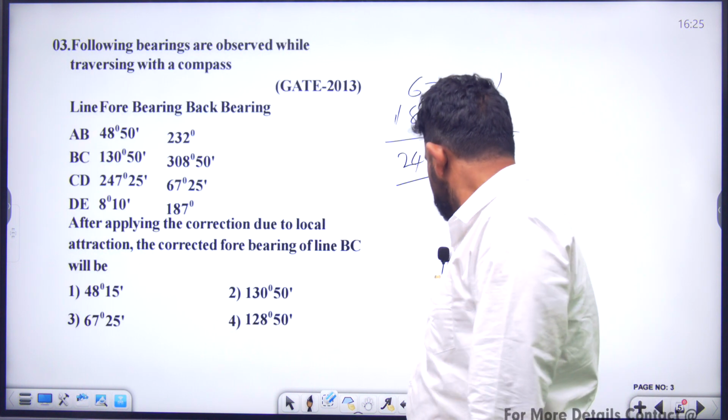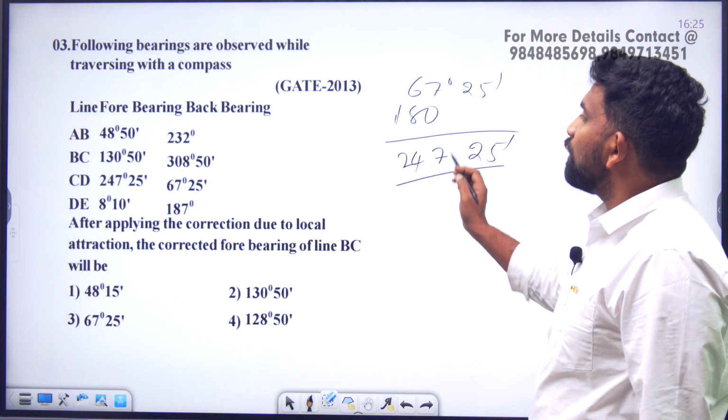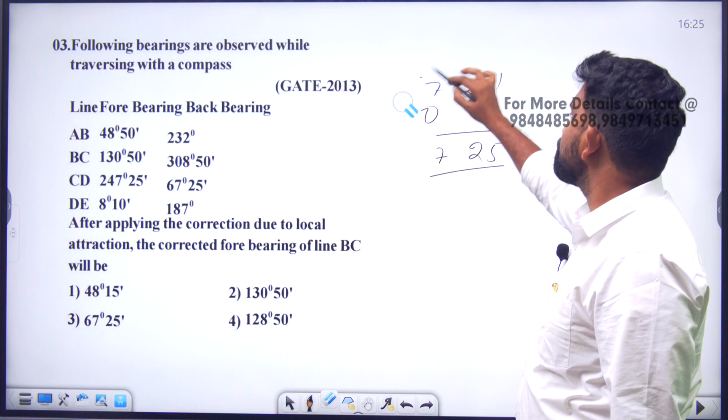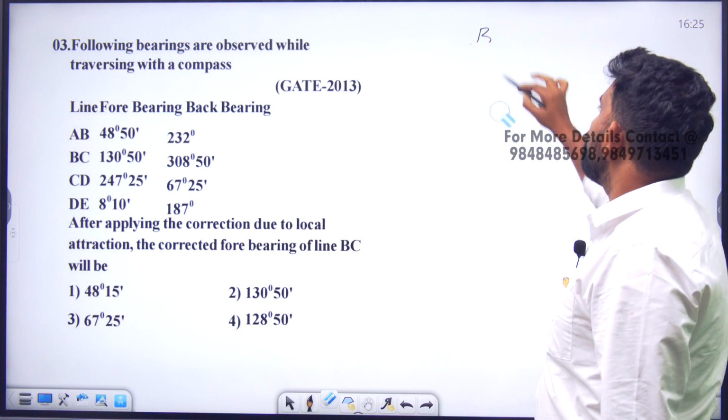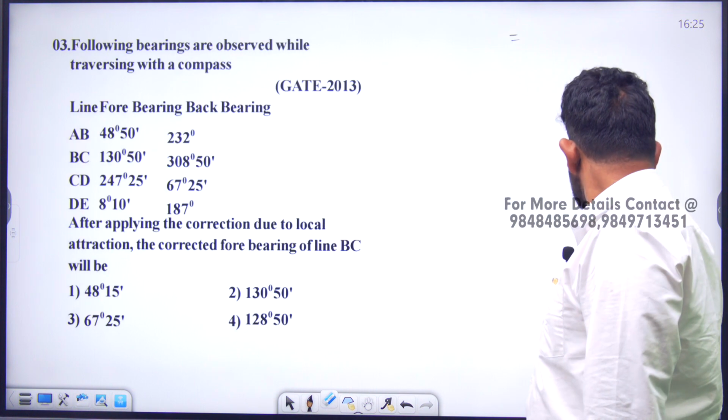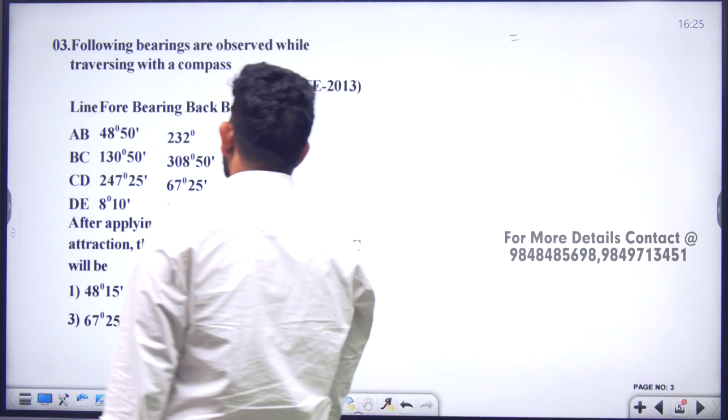Now what we need to do is find out the correct bearings.